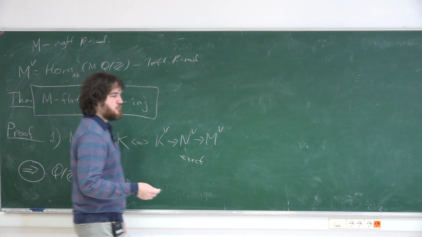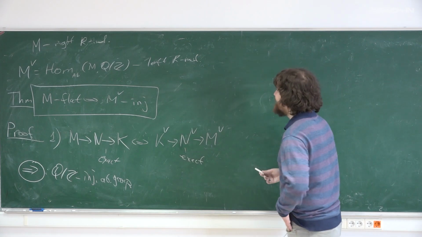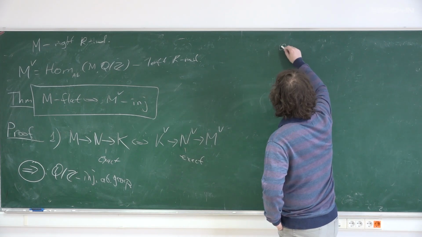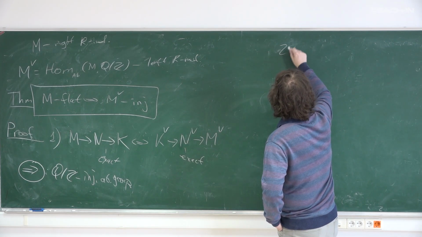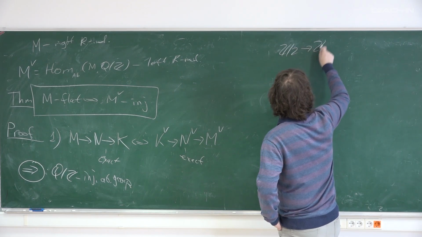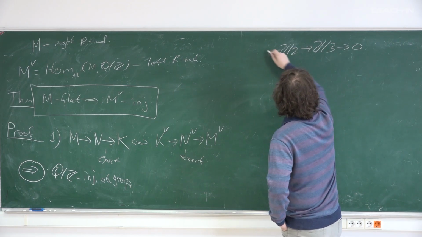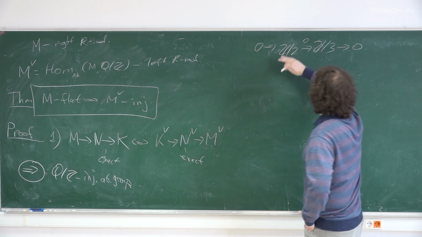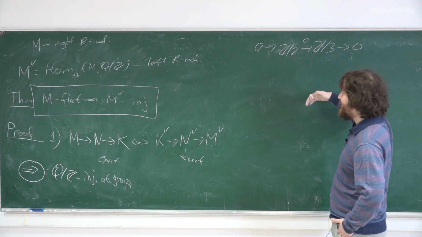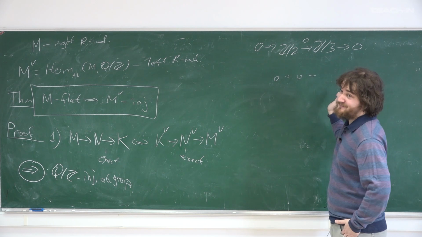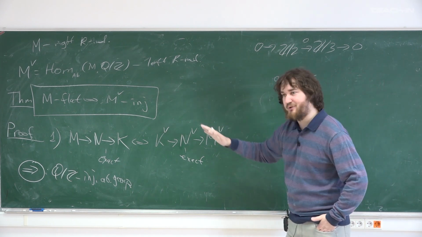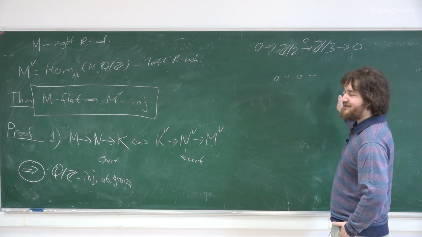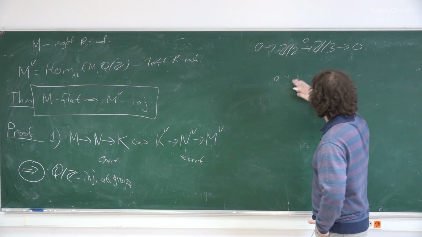But the opposite direction is not true for Q, for example. If you have Z2, Z3, with the 0 map, it's not exact, but after tensor with Q, it's 0, 0, 0, it's exact. Or after Hom to Q, it's 0, 0, 0, it's exact. So for Q, it's not true.